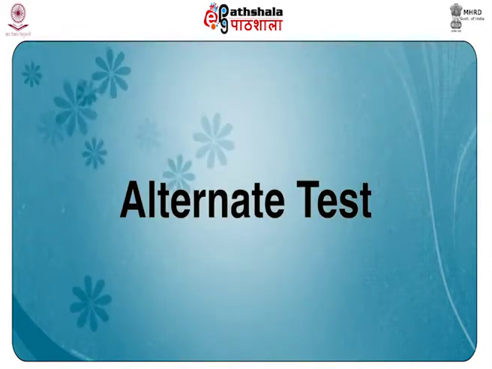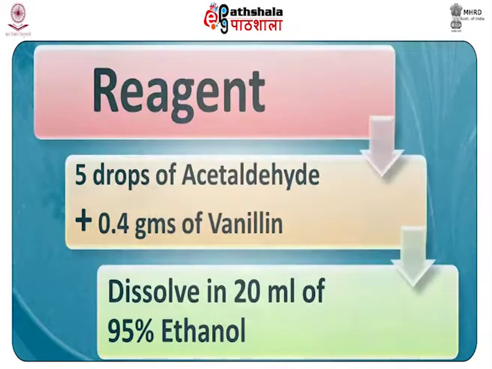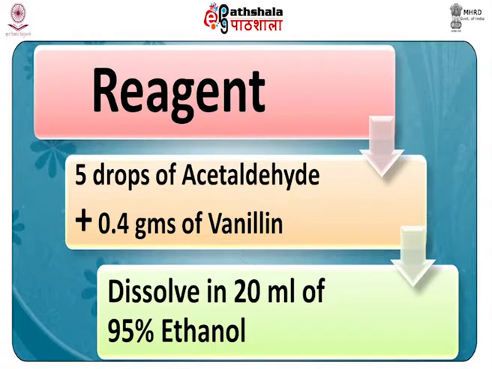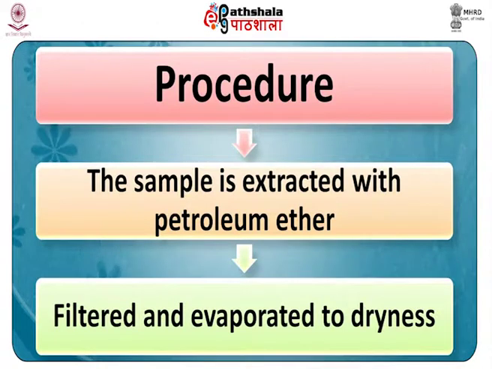This test can be done alternatively. First is preparation of reagent: 5 drops of acetaldehyde and 0.4 grams of vanillin are dissolved in 20 ml of 95% ethanol. Procedure: the sample is extracted with petroleum ether, filtered and evaporated to dryness.